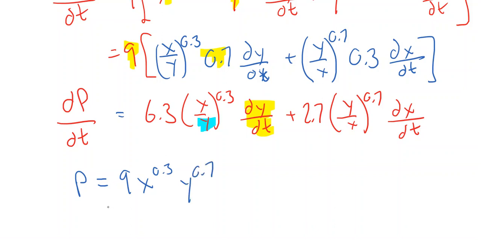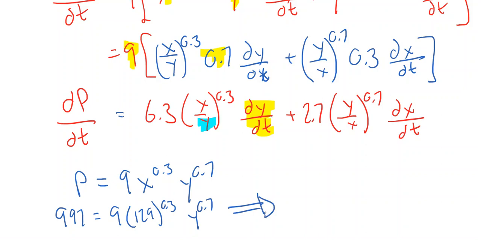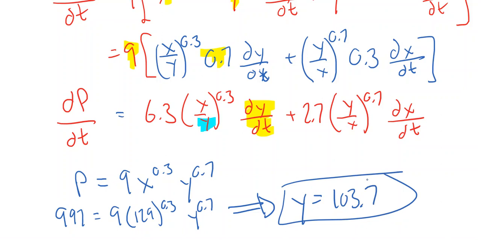We know P is 997, and x is 129. Solving this for y, we end up with y equal to 103.7. And so there's our y value.